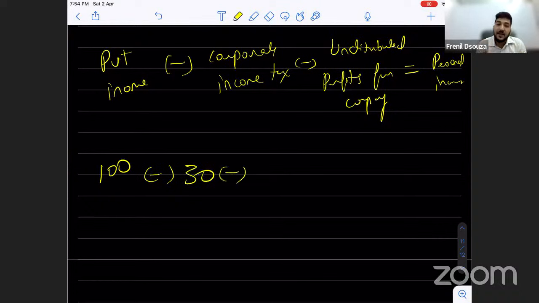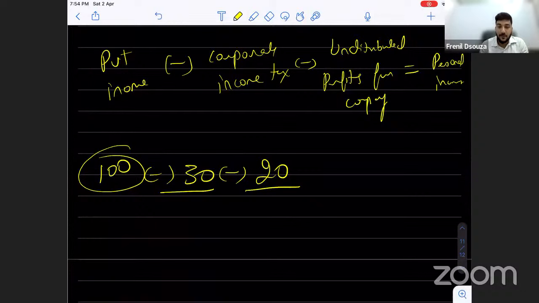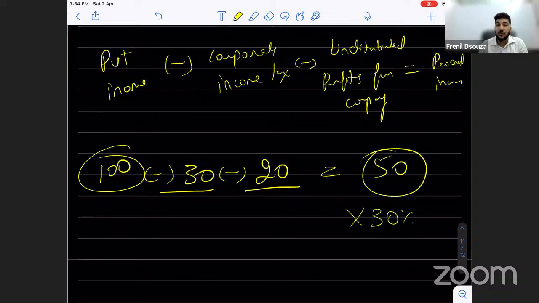Will they give you the entire remaining profit? No, they'll retain something. Let us say that they retain 20. Every company needs a reserve to grow. So from 100 that is earned, 30 is removed in corporate income tax and 20 is removed as undistributed profits. The company has kept it, and personal income accruing to all the shareholders is how much? 50. In that, how much do you hold? 30%, which means your personal income here is how much? 15 only, right? This is how personal income is calculated.